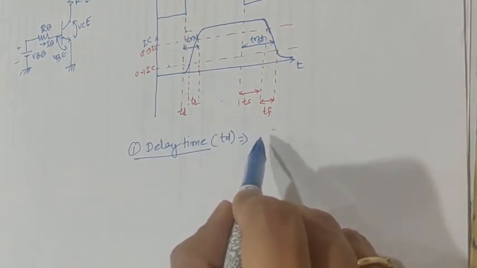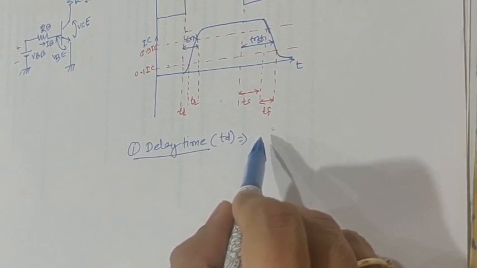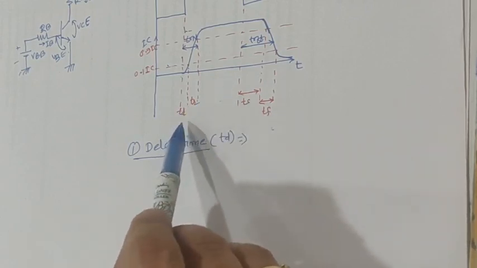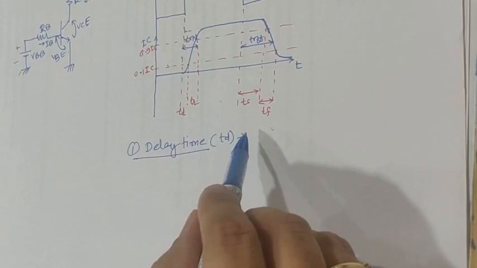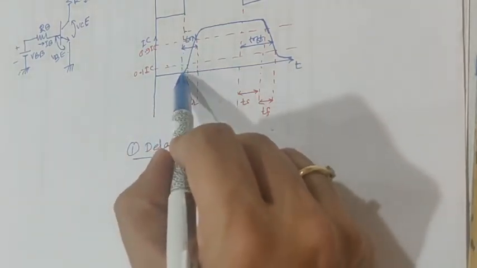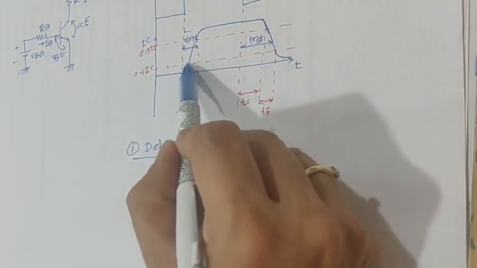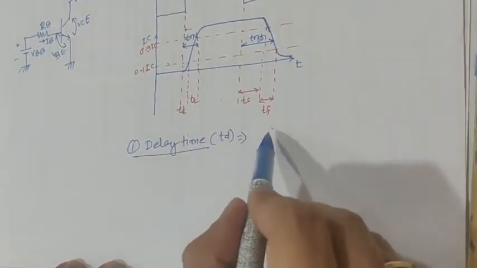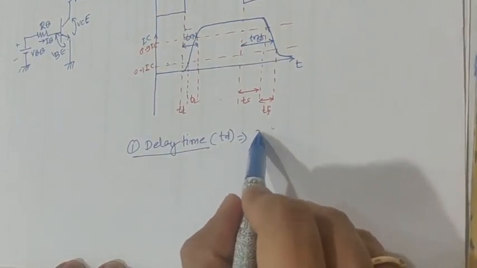Another is when the transistor has been brought to the point where minority carriers have begun to cross the emitter junction into the base, which also contributes to TD. And the third one is the time required by the transistor to rise from 0 to 10% of its maximum value.